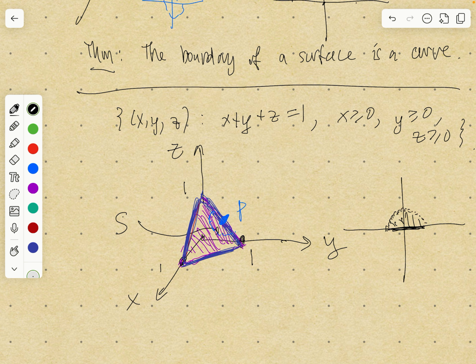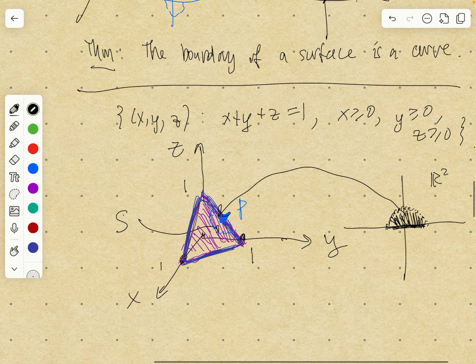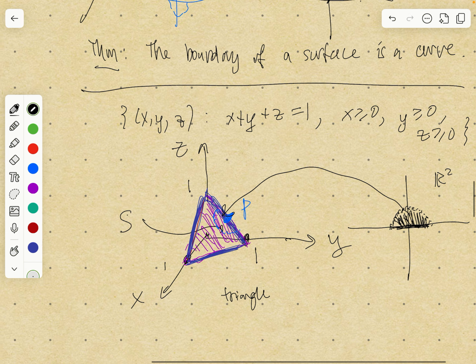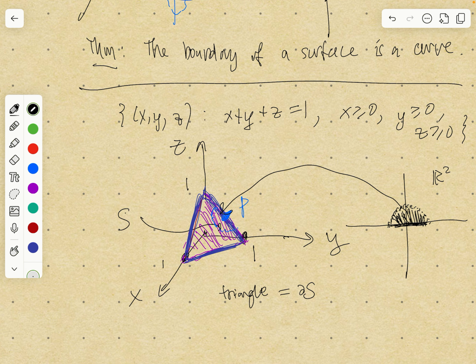So this is supposed to be dotted, but you have this set that's not an open set in R2, but it is an open set in the upper half plane that will map in a one-to-one onto fashion to this set that contains P. So the points on the triangle, that's the boundary. So this triangle is the boundary of S in this case.